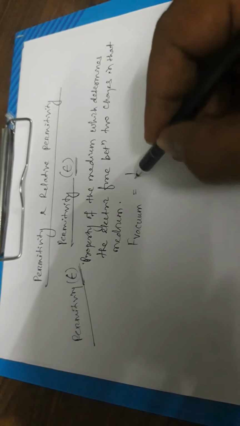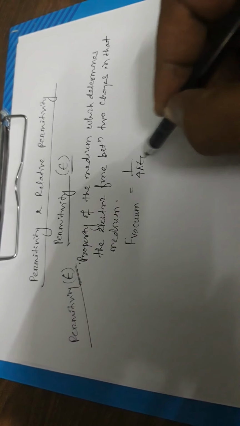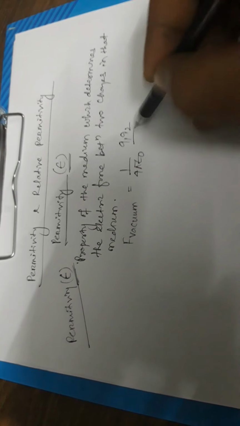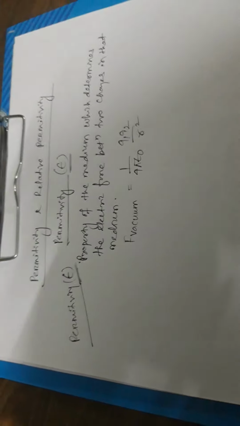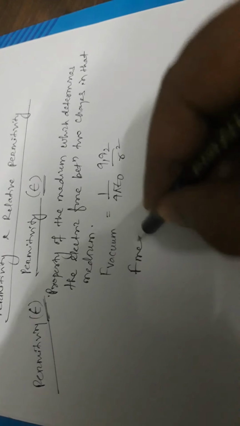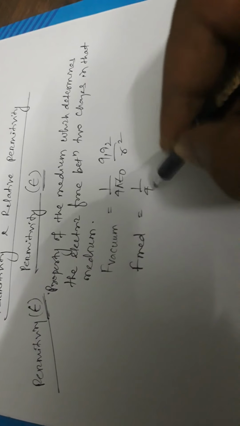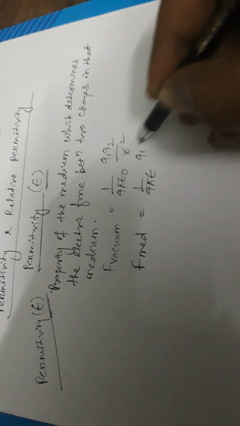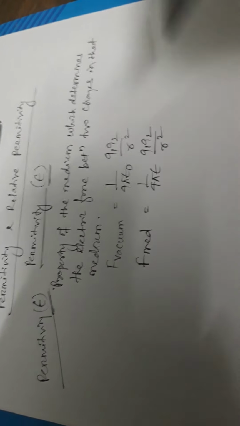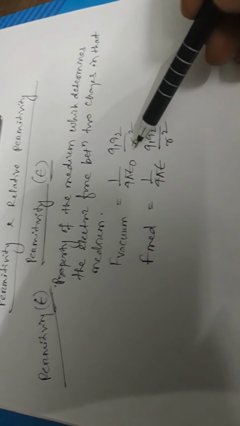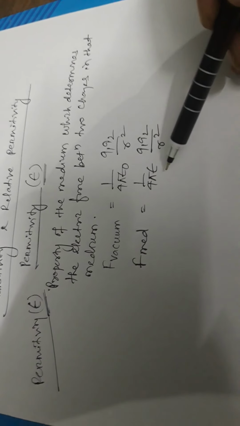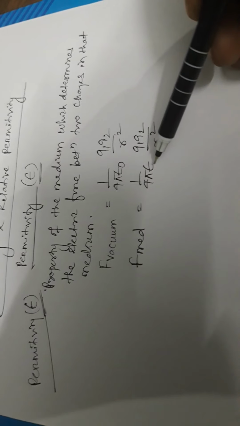Suppose you have two charges, and in vacuum in the SI system, as I said, it is 1 by 4 pi epsilon naught Q1 Q2 by R square, and in a medium it is 1 by 4 pi epsilon Q1 Q2 by R square. So in vacuum it is epsilon naught, and in a medium it is epsilon.